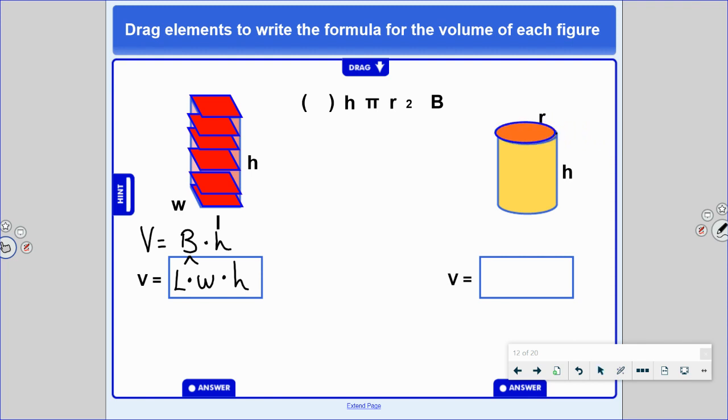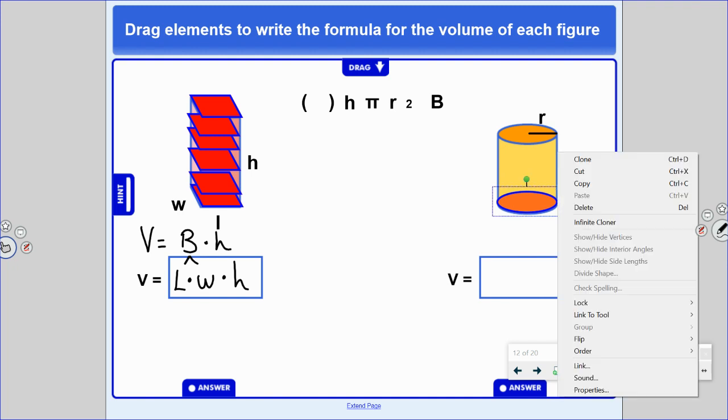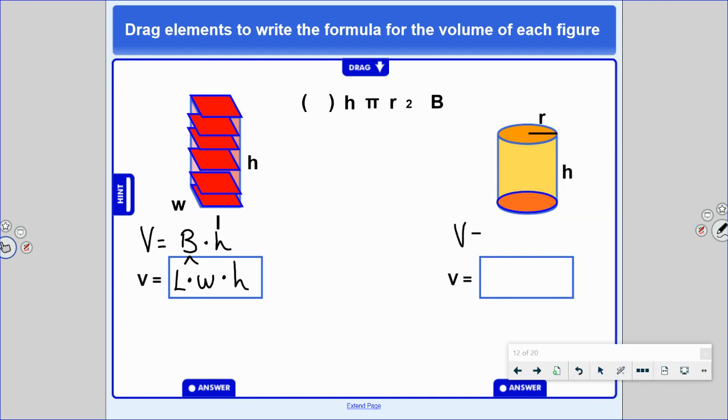Well, we're going to do the same thing with a circular prism. That's kind of a weird way of saying it. You wouldn't actually call it a prism. It's got no edges. But if we were to find, look at this, same thing here.